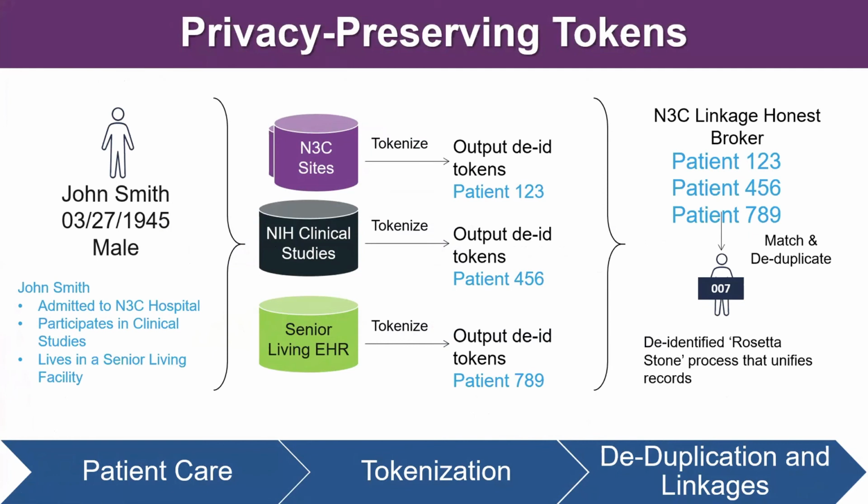Linking the data across these systems will be done by creating an encrypted hash that is then decrypted through an honest broker. And this is a partnership with industry collaborators. This is a way that we'll be able to deduplicate patients across systems and also link data across systems. This is just the beginning.